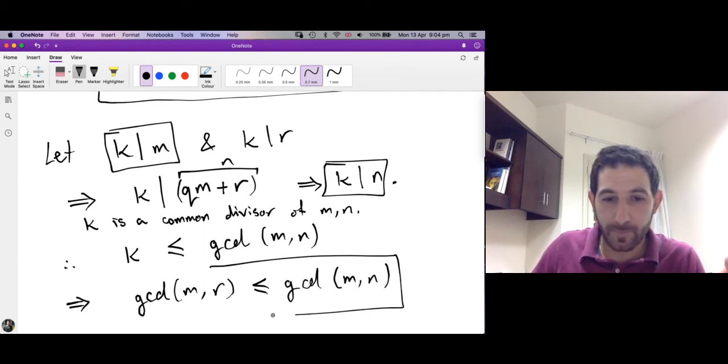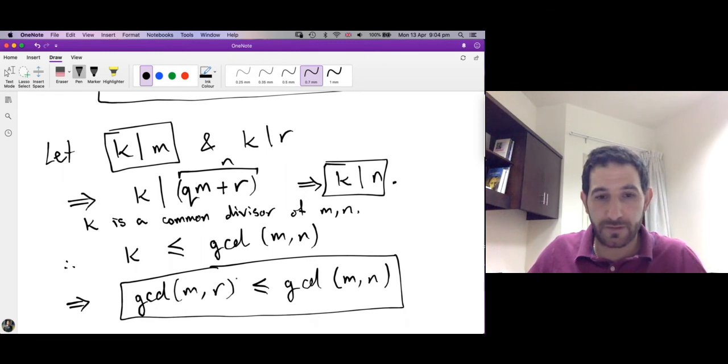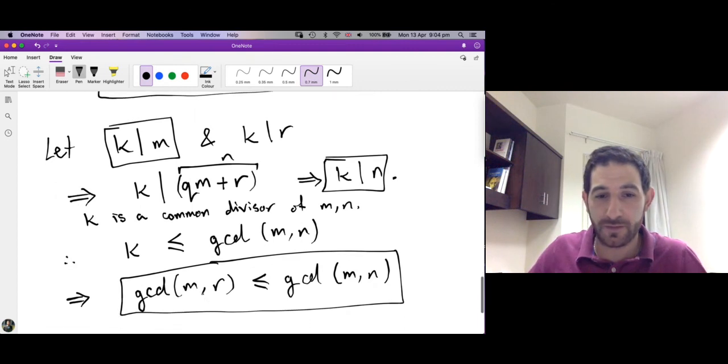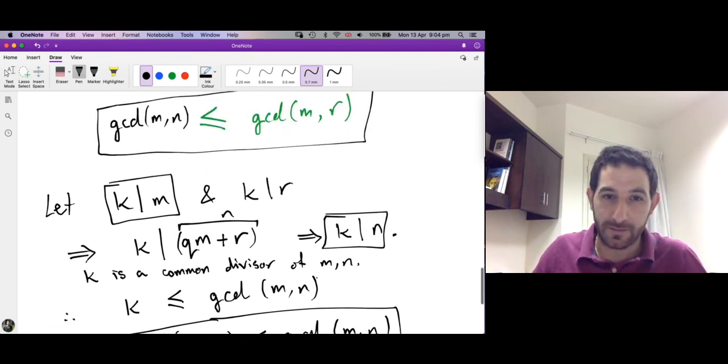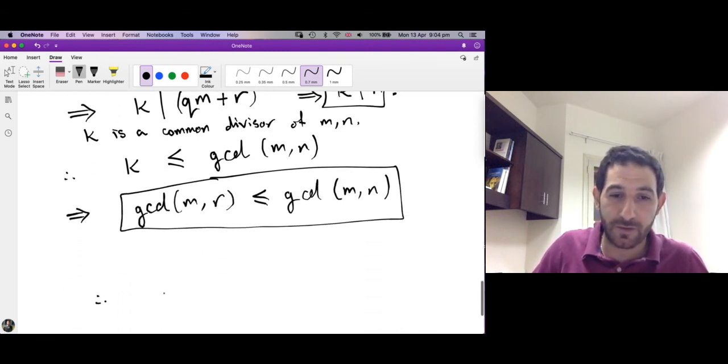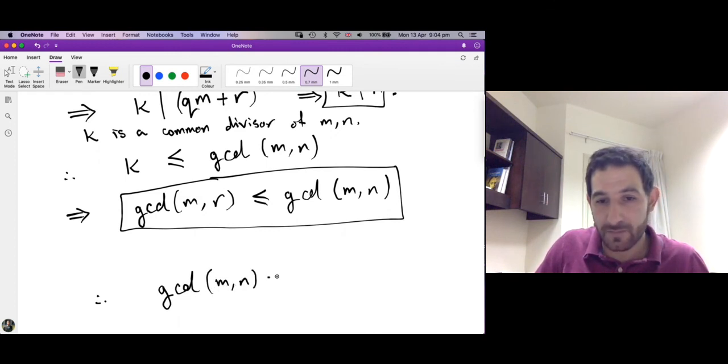So here we proved that GCD of m and r is less than or equal to GCD of m and n, and before we proved the reverse inequality. So these two inequalities together prove that GCD of m and n must be equal to the GCD of m and r, which finishes the proof.